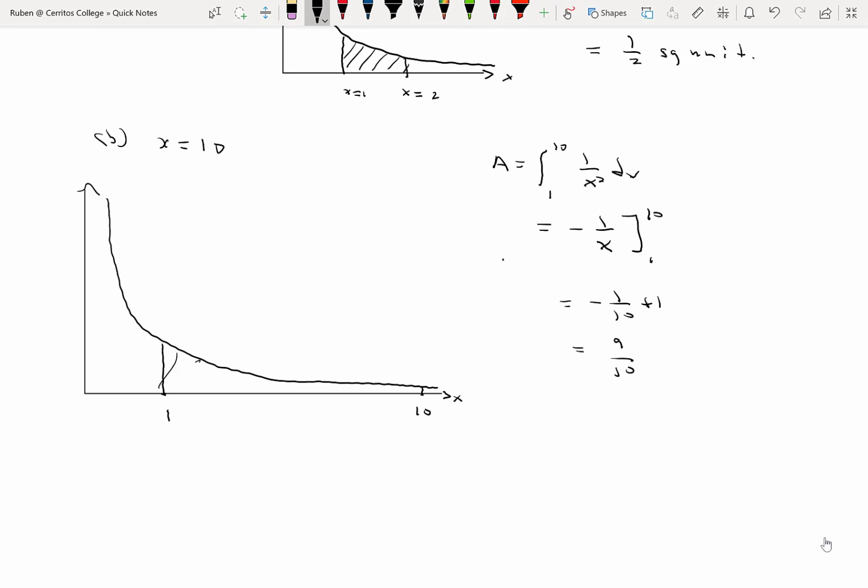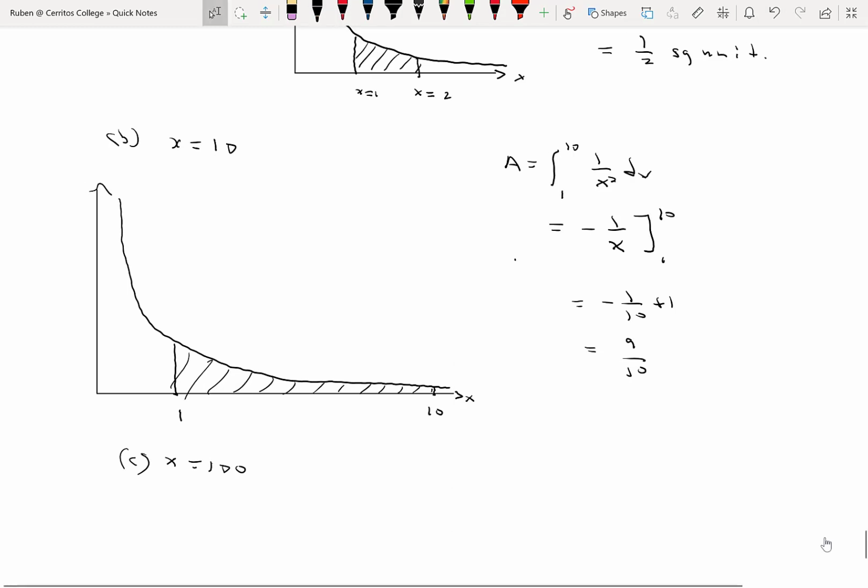So the area bounded by the curve y equals 1 over x squared and the x-axis between x equals 1 and 10 is 9/10. For our third example, you can kind of guess where I might be going from here. In the third part, I want to increase the right-hand limit of integration again, but by a lot more. I want to go from x equals 1 to x equals 100.